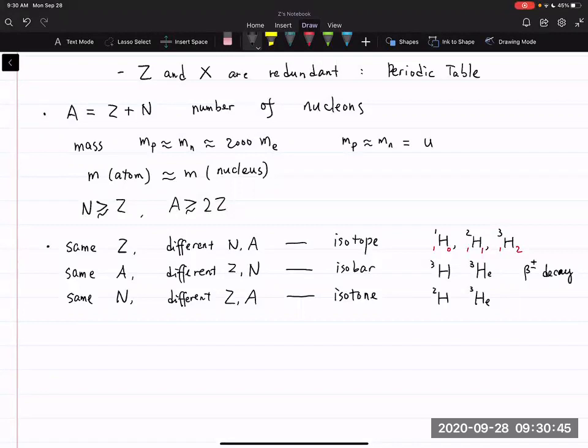And the last one is interesting, and it's really related to quantum mechanics. Two nuclei can have the same Z and A. But think about the deuteron as an example, with neutron-proton interaction.